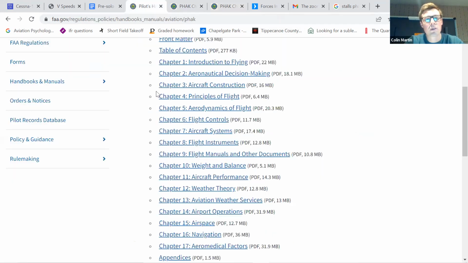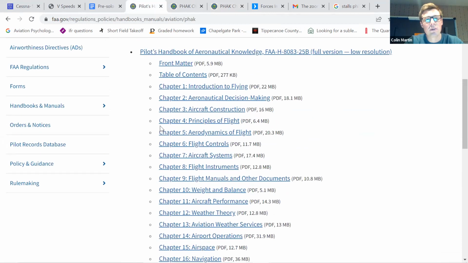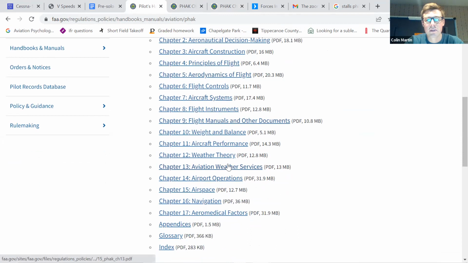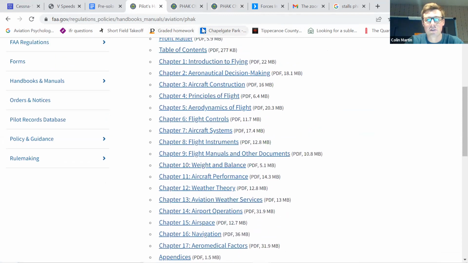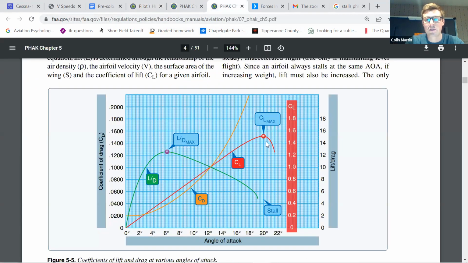So stalls, we kind of hit the main parts of it, where we have a specific critical angle of attack, and if we exceed that, we lose lift and the nose will drop. When we do a stall, we'll get super slow on our airspeed and then induce our stall.